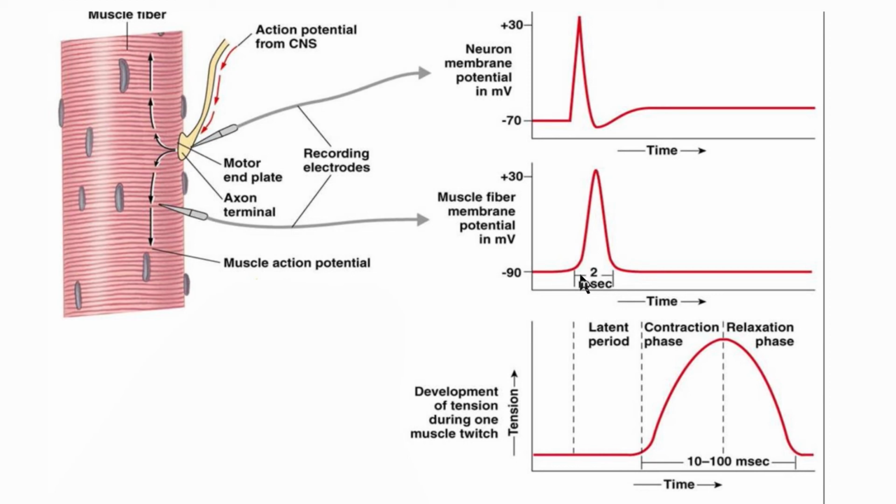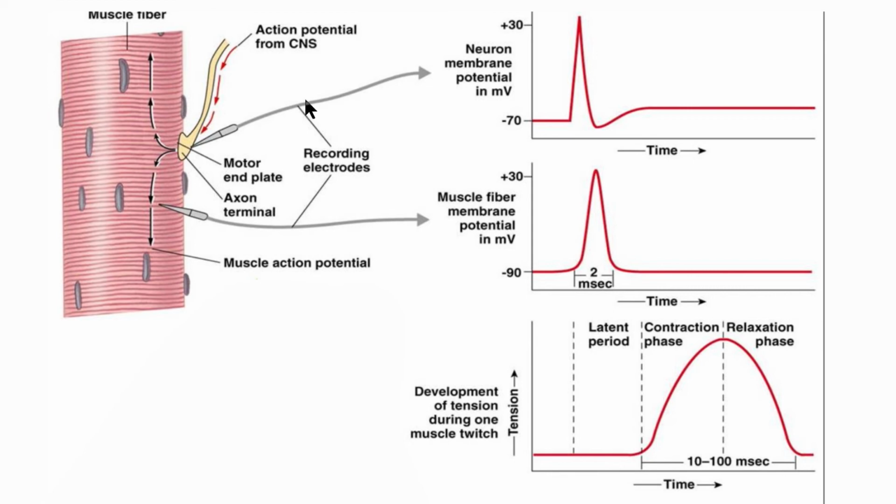And I just want you to look at the time here. The time for the electrical signal of the neuron and the time for the electrical signal of the muscle are really close, but you can tell that the neuron is just a little bit before the muscle cell.